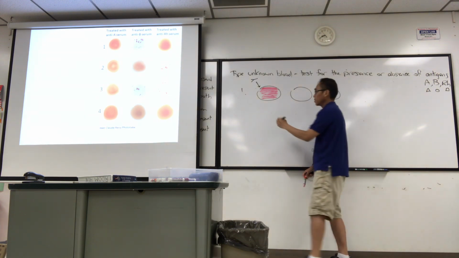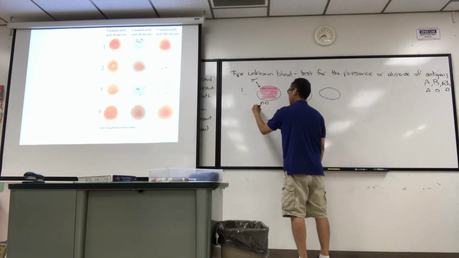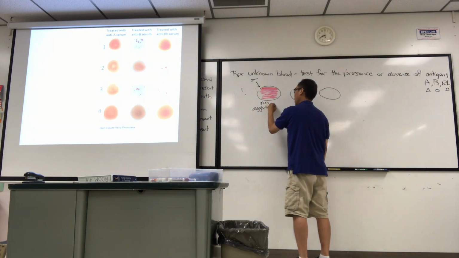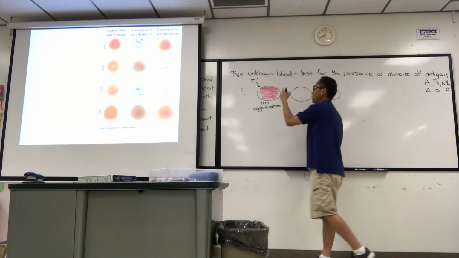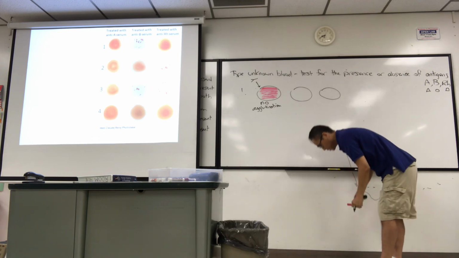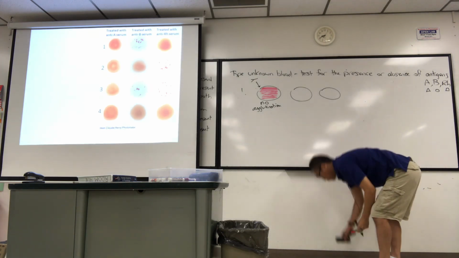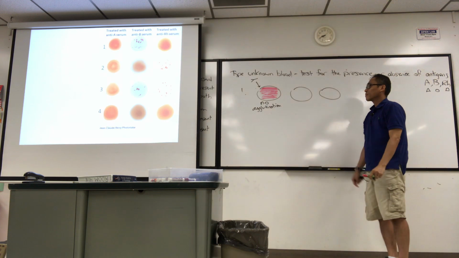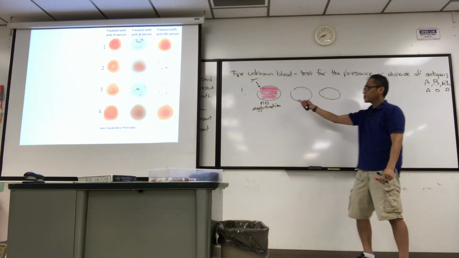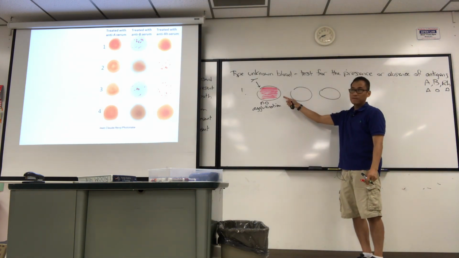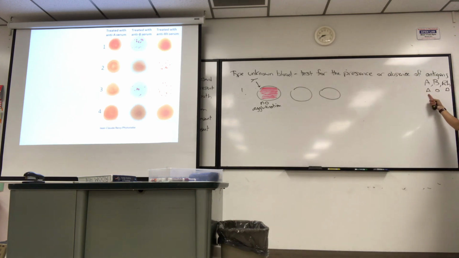Negative result. No agglutination. You add the antibody to the well, nothing happens. What's the interpretation? This person does not have A antigen. They're not type A.